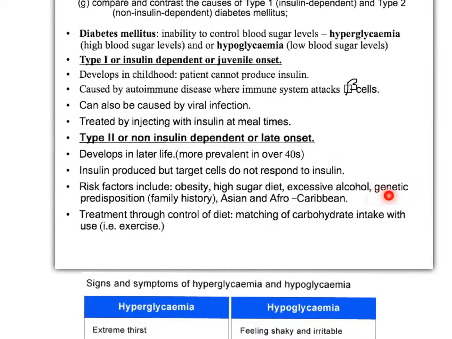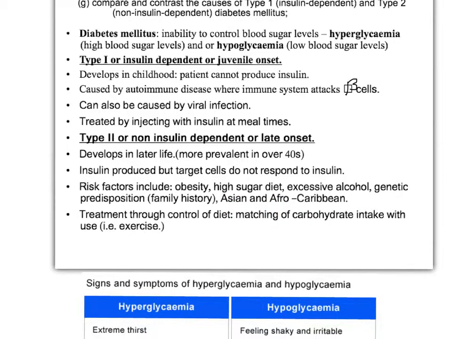But there is also genetic predisposition. Okay, if it's common in your family, you'll have a higher chance of also getting type 2 diabetes, and it's more common in Asian and Afro-Caribbean communities than in the European communities that we encounter in the UK.